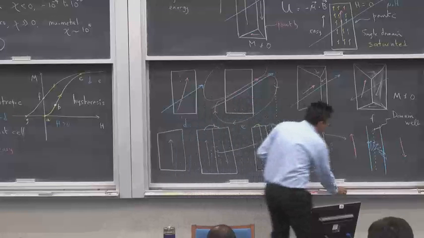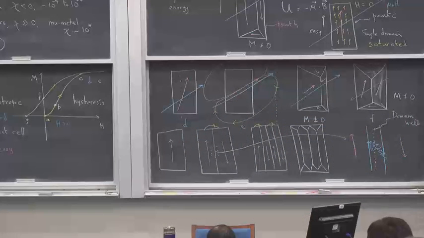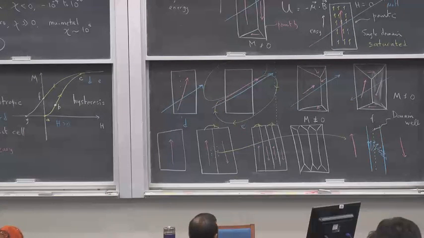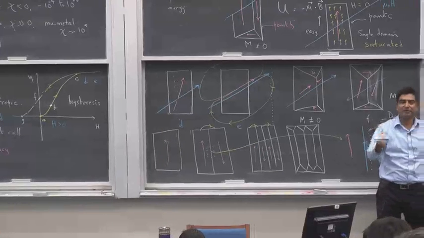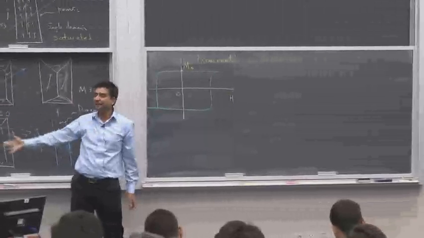And you can have different kinds of hysteresis curves. For example, if you would like a permanent magnet, you would like to have a hysteresis curve like this, in which the remnant magnetization, the magnetization that remains whenever H has gone to 0, is large, because you would like to use this as a permanent magnet which has a magnetization even in the absence of an external field.